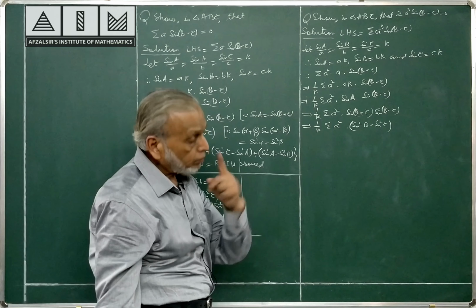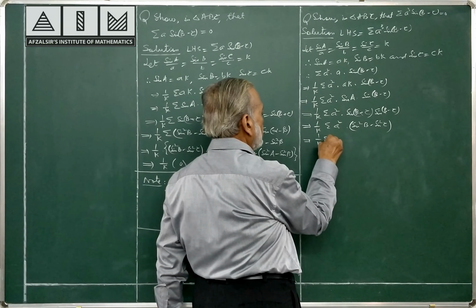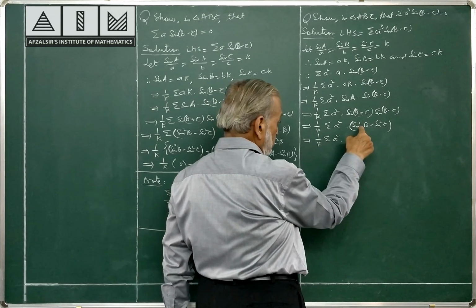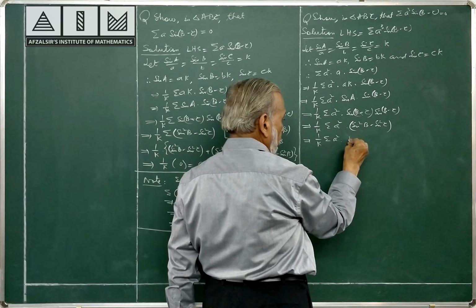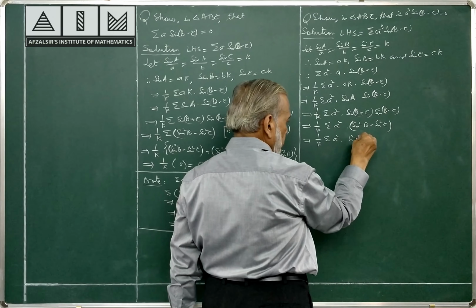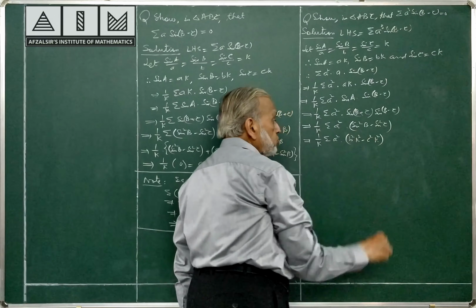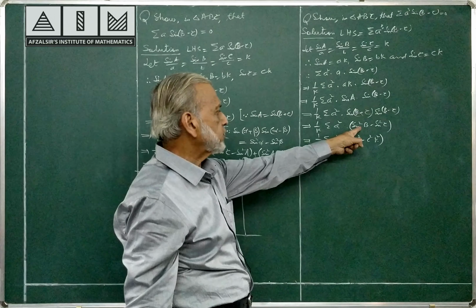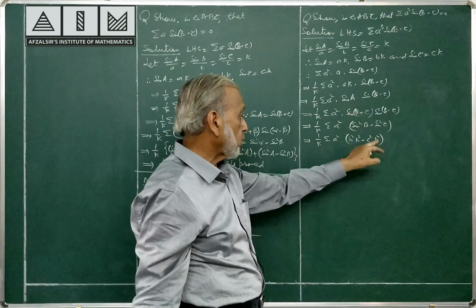Watch carefully hereafter. 1 by k sigma a square, sin b I can write bk, sin c I can write ck, which I am doing now. B square k square minus c square k square. Sin b is bk, accordingly sin square b is b square k square, sin square c is c square k square. Now k square is common.